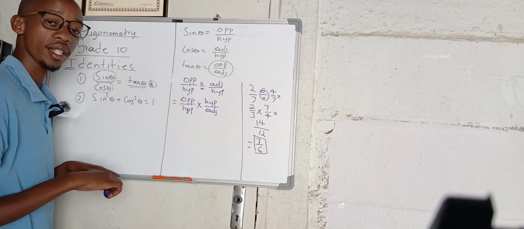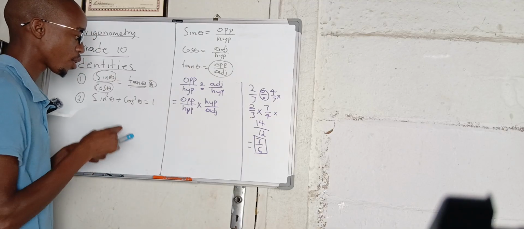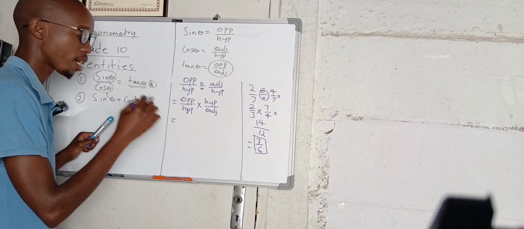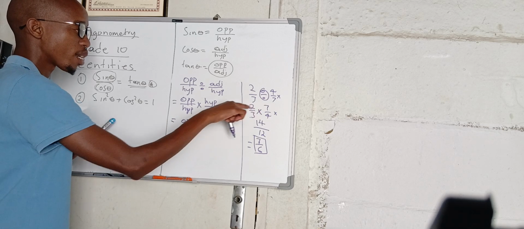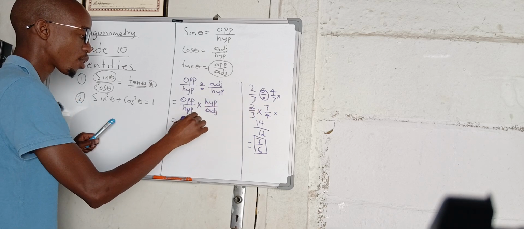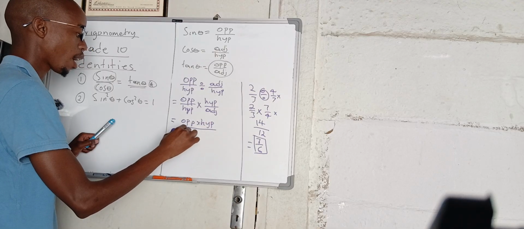So now, the ones that are similar, I'm going to use the same color for them, such that you can see. Remember when I arrived here, I said numerator by numerator, so opposite multiplied by hypotenuse, all over hypotenuse.